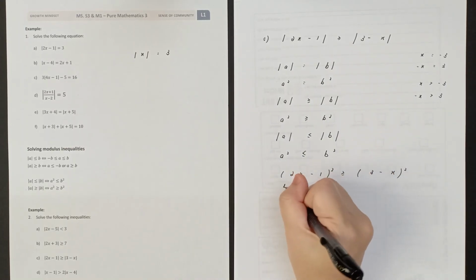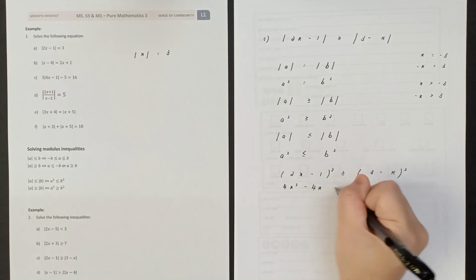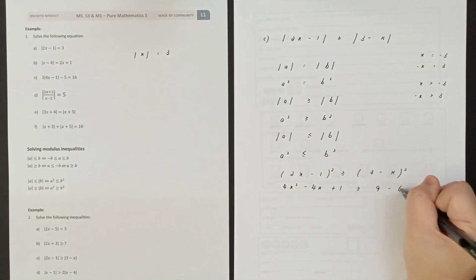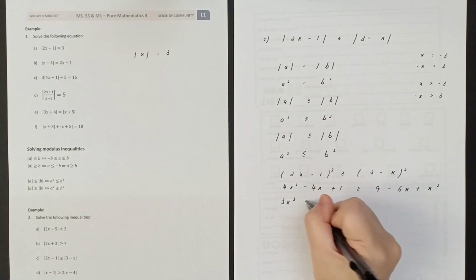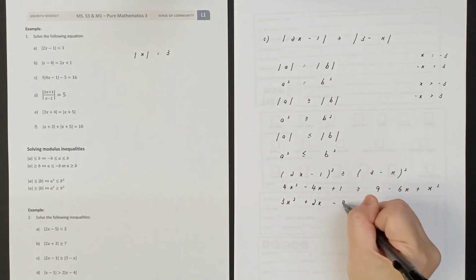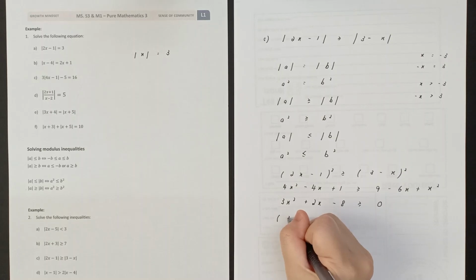So 4x squared minus 4x plus 1 greater than 9 minus 6x plus x squared. So 3x squared plus 2x minus 8 greater than 0. Then you would be able to continue to solve it by factorization.